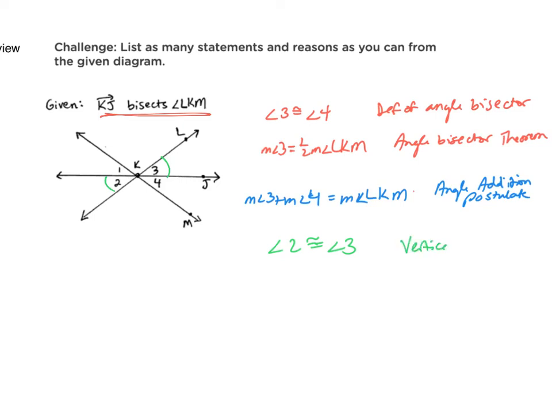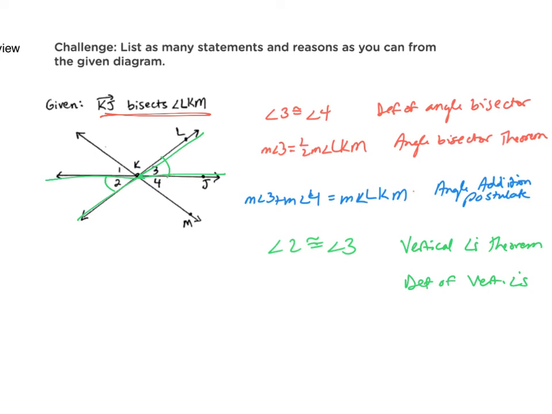So that one we have to say is our vertical angles theorem. The definition doesn't include congruence. So if you want to use the definition of vertical angles, the definition just tells me that angles are vertical if and only if their sides form opposite rays.